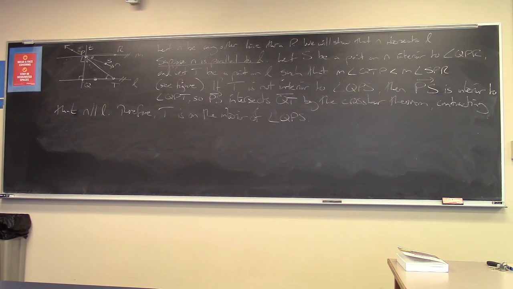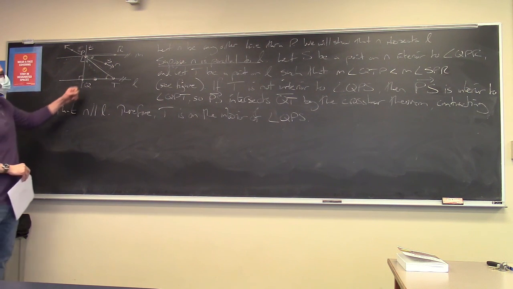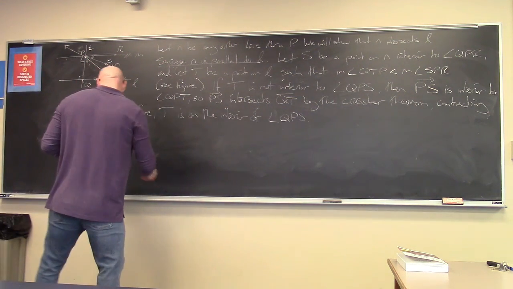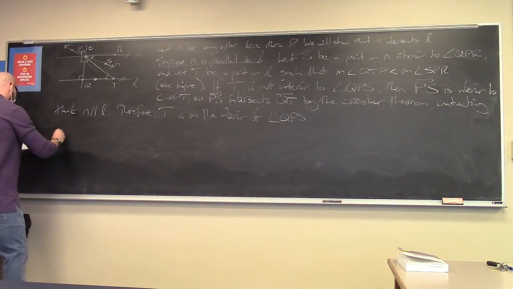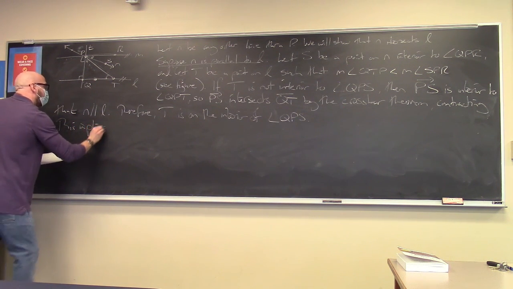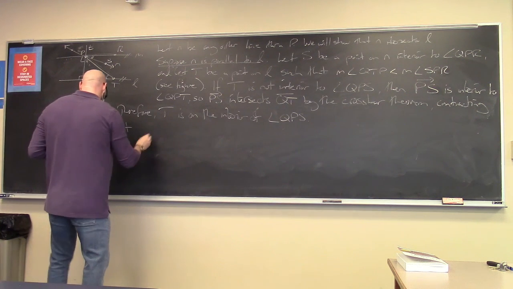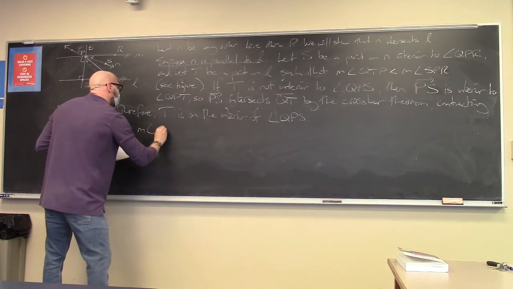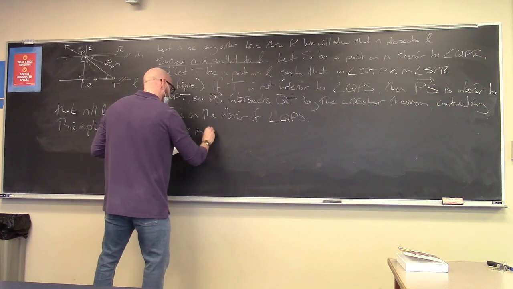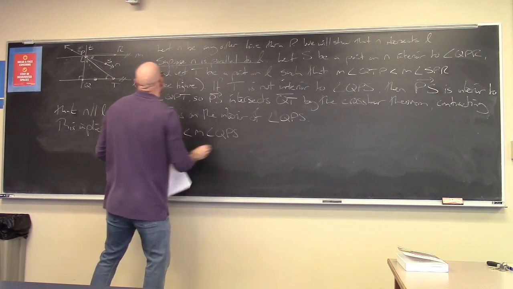And it turns out we've built a triangle now with angle sum bigger than 180 degrees. So let's piece some angles together and then we'll be done. So this implies that the measure of angle QPT is less than the measure of angle QPS.